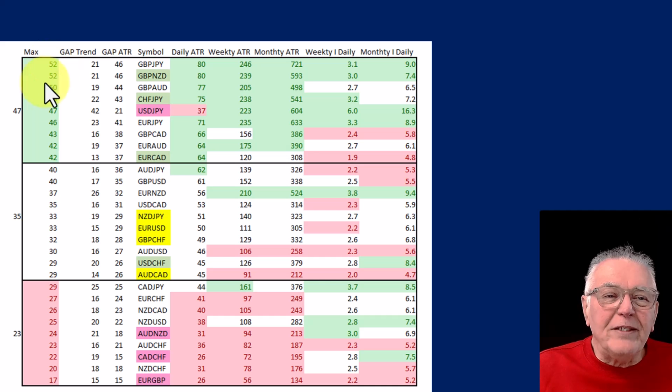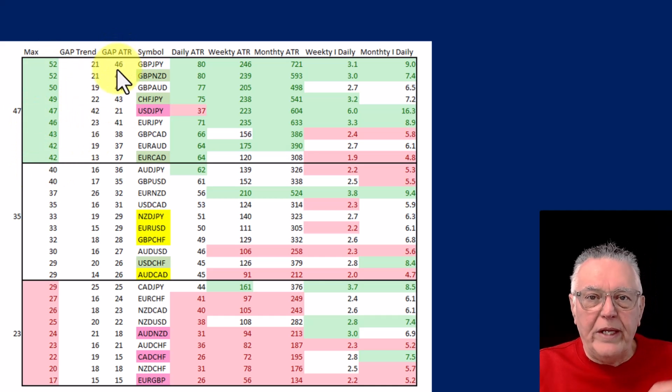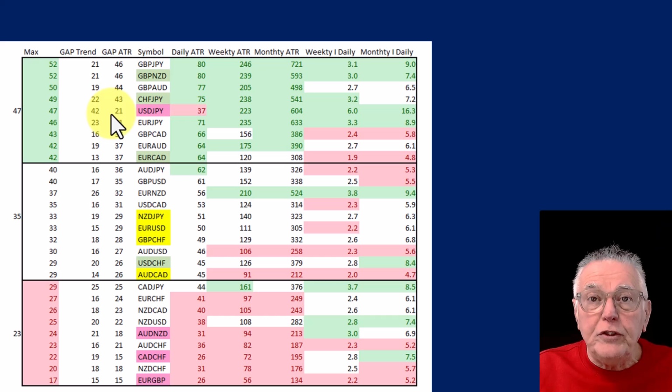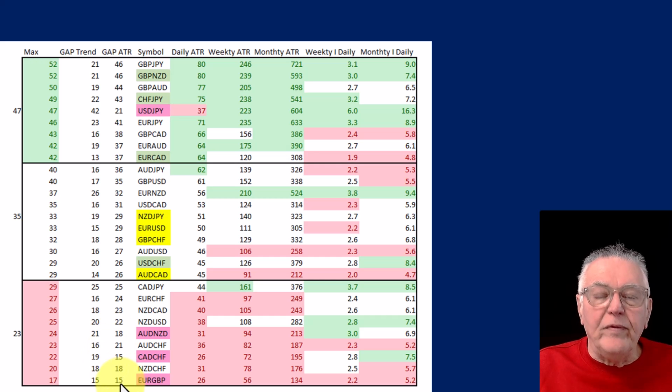You can use something similar, but the whole idea is that the ATR, or the vibration rate of a currency, is a good guide towards the gap size. Currencies that travel a lot during the day have bigger gaps, and ones that travel a small amount during the day, like that one down there, 15 pips, have a smaller gap.